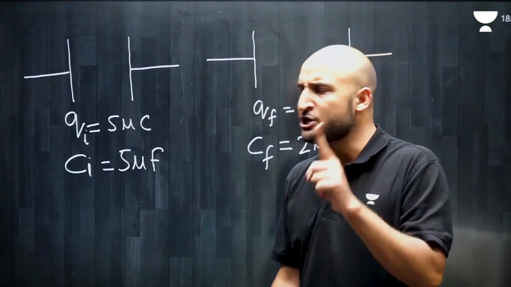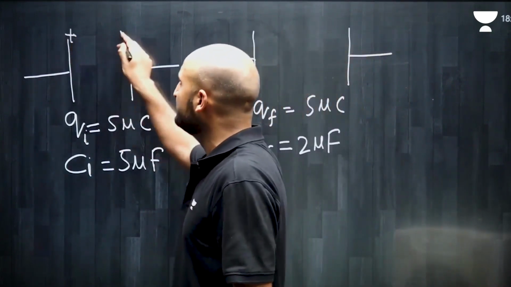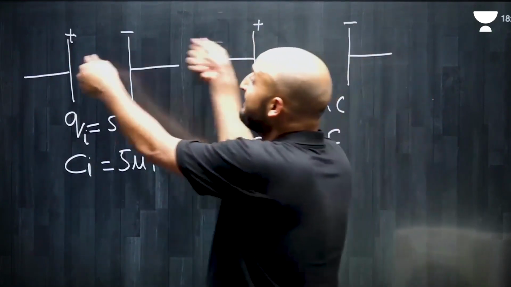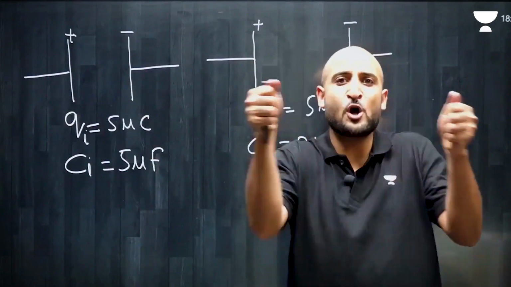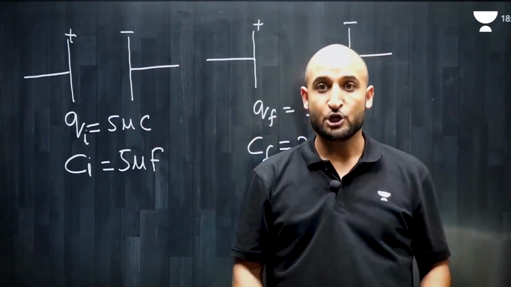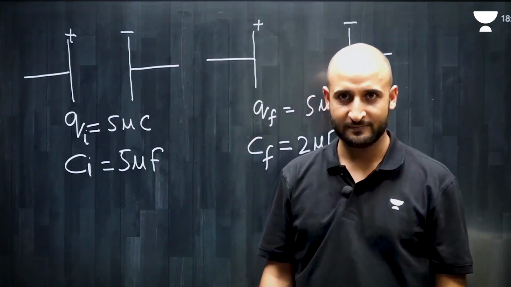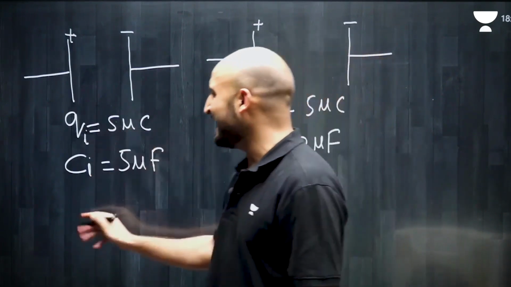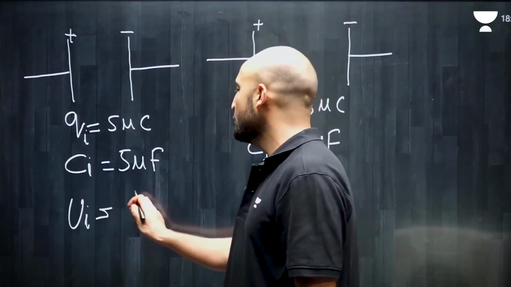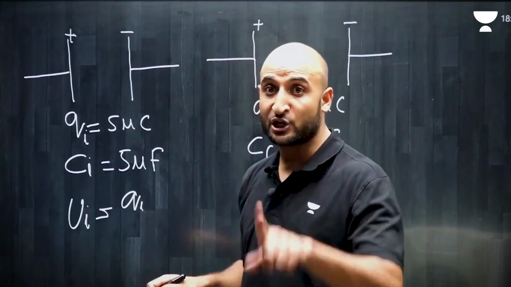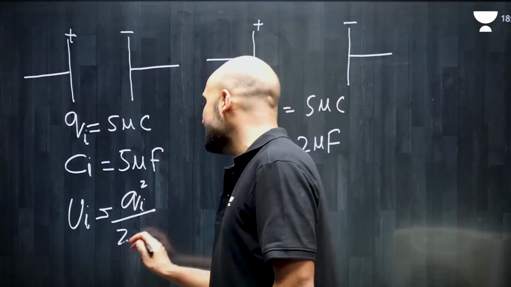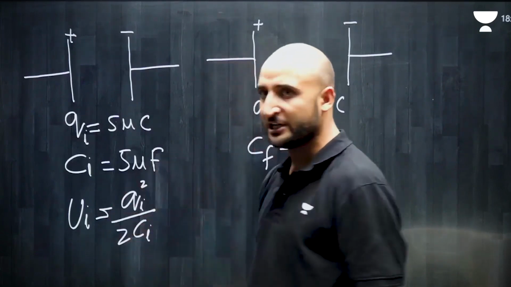The first point you need to understand is that work done is required, because you are pulling them apart. There's attractive force between the plates of the capacitor, so you need to exert force and do the work. So how much work is done? I will find the initial energy stored, U initial, equal to Q initial square divided by twice C initial, using the formula Q square by 2C.